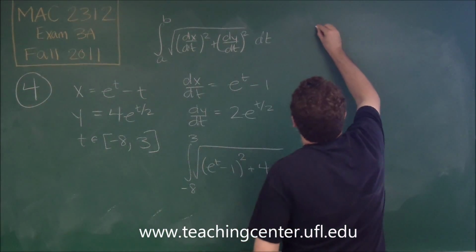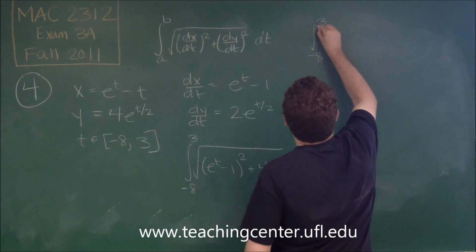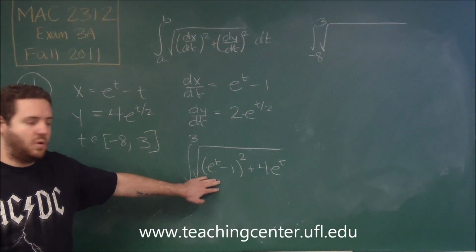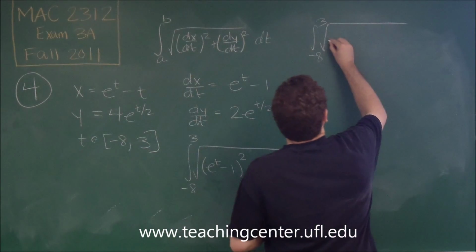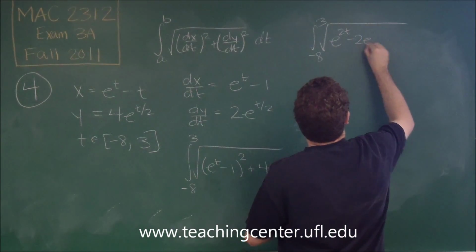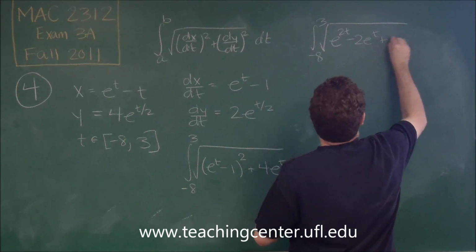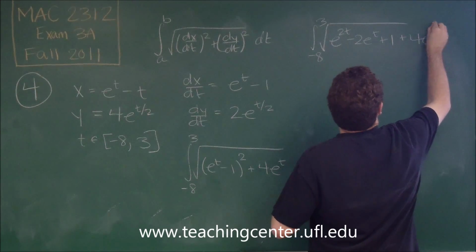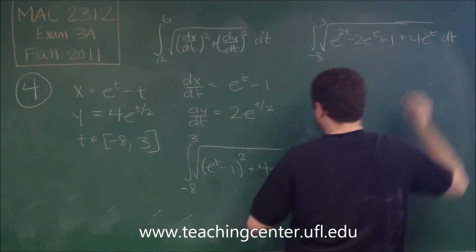So in the radical there, if we expanded this e to the t minus 1 squared, we would get e to the 2t minus 2e to the t plus 1, and we still have this plus 4e to the t dt.